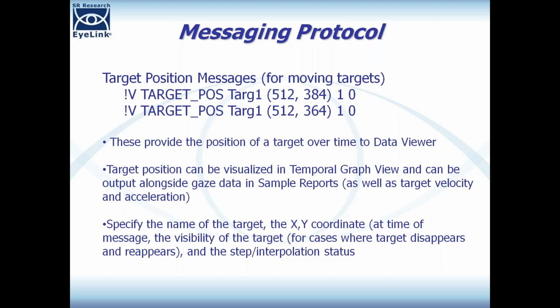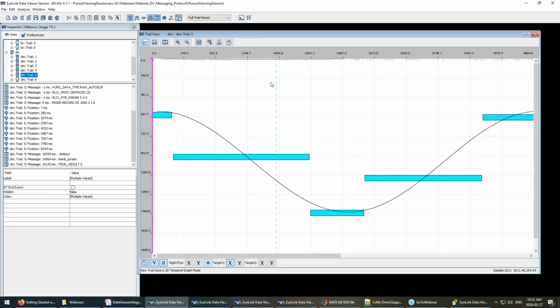Let me exit out of this and show you. So here's some smooth pursuit data that I have open. And right now I'm in this temporal graph view, and let me turn some of this stuff off. This is time here, and this is position here.